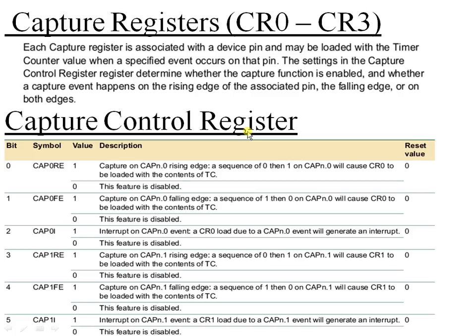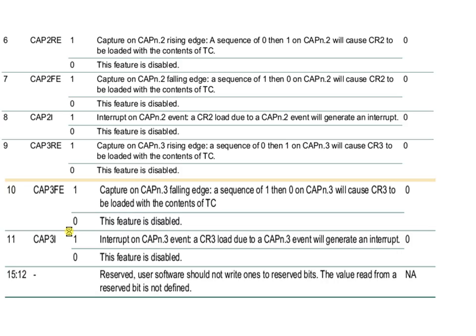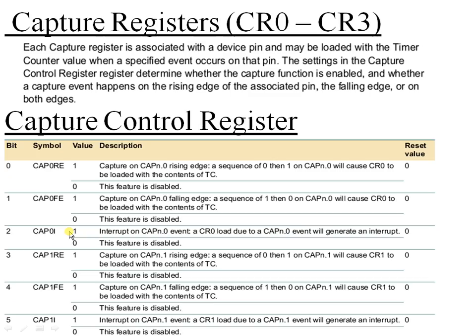So we can select what kind of event, what kind of signal, is going to generate an event which will store the value of TC into the capture channel registers. Here it's a 16-bit register, out of which we'll be using only 12 bits. Why? Because you have 4 channels, and each channel is using 3 bits.